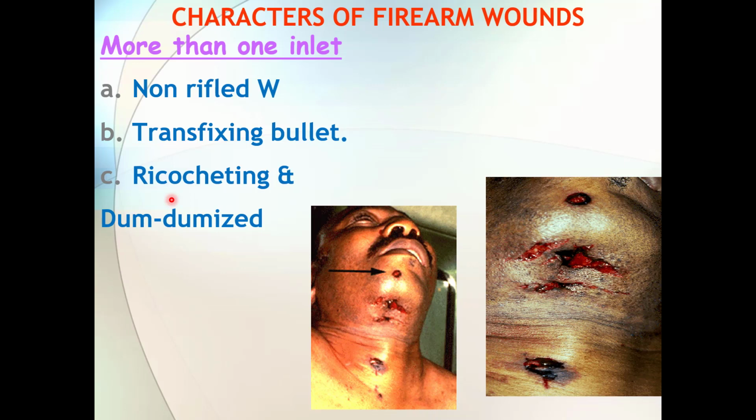will be fragmented and pass to the body by many openings, by many inlets. So if the non-rifled weapon's dispersion occurs before entering the body, it will lead to many inlets.